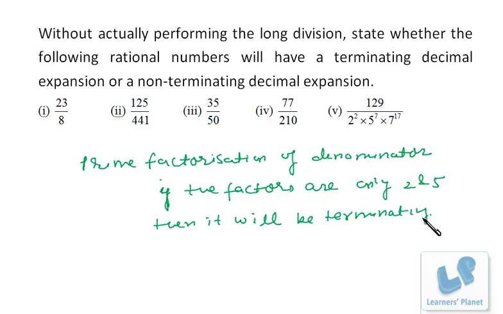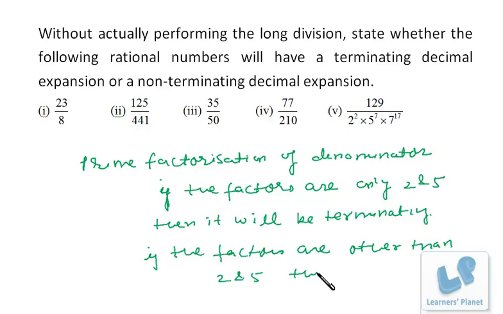That means after decimal 2, 2, 3, 4 maybe, but it will terminate, right? And if the factors are any other number except 2 and 5 or along with 2 and 5, if the factors are other than 2 and 5, then it will be non-terminating.